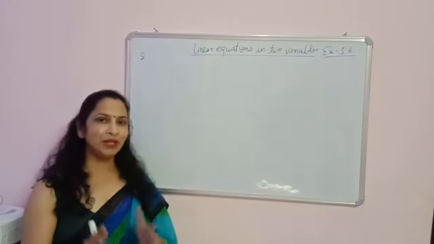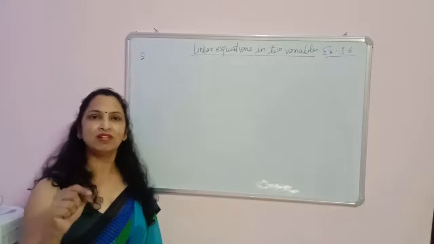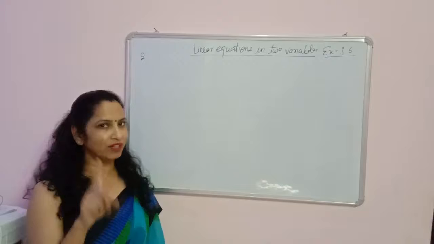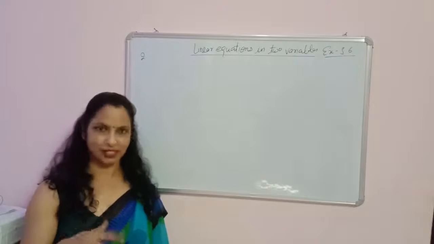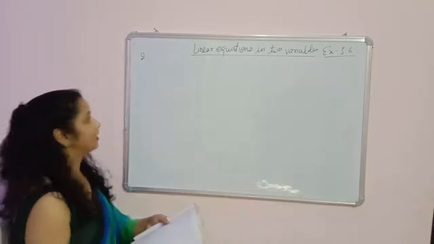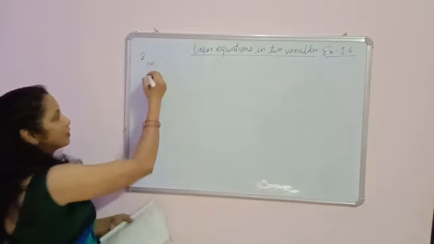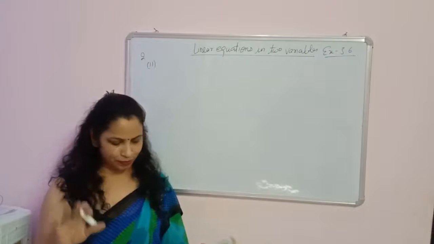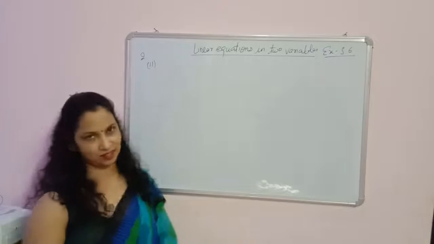If I am saying that you are doing a work in x number of days, then how much work can you do in one day? It will be 1 upon x. So it should be clear. Now I am doing the second part of the second question. 2 women and 5 men can together finish a piece of embroidery work in 4 days.